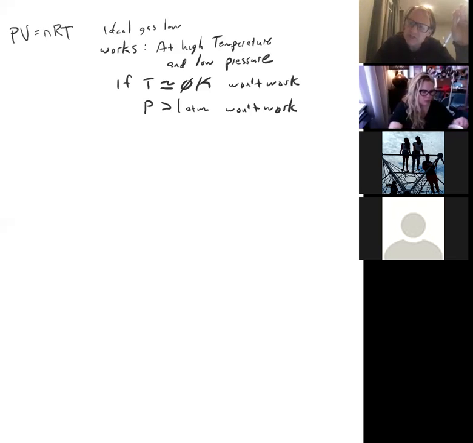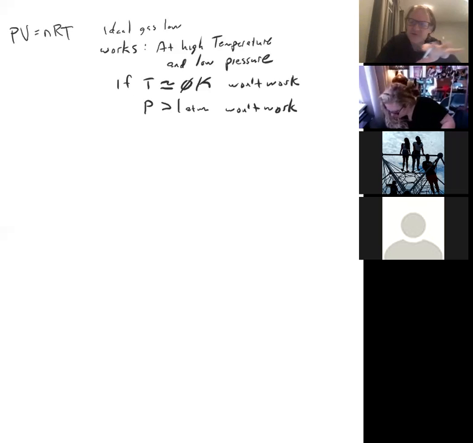Those are higher temperatures. And you're going to see pressures that might be an atmosphere or half an atmosphere, maybe 2 or 3 atmospheres, but you're not going to see 1,000 atmospheres because at that pressure, gases are going to start behaving like liquids. And at really low temperatures near 0 Kelvin, that might be like 50 Kelvin, they start to behave like liquids as well.